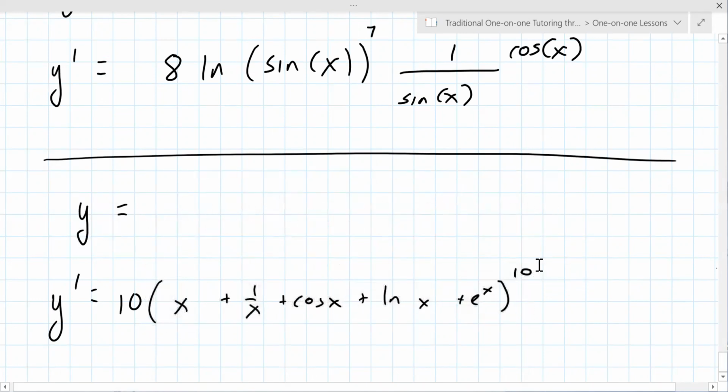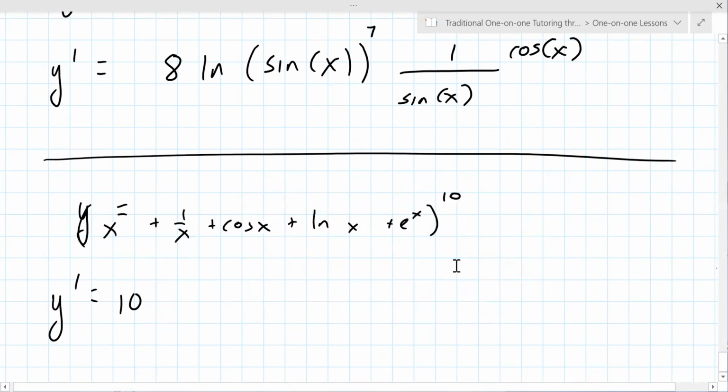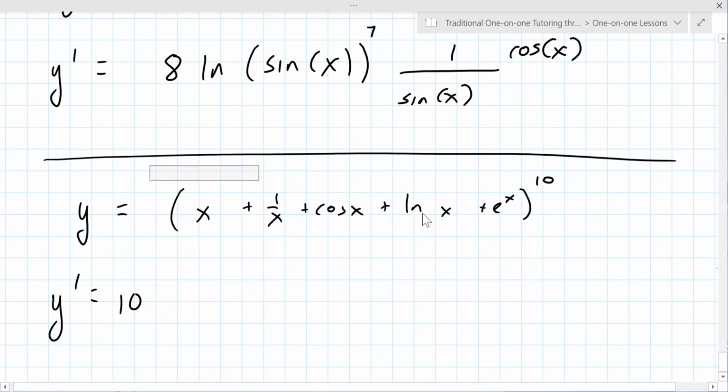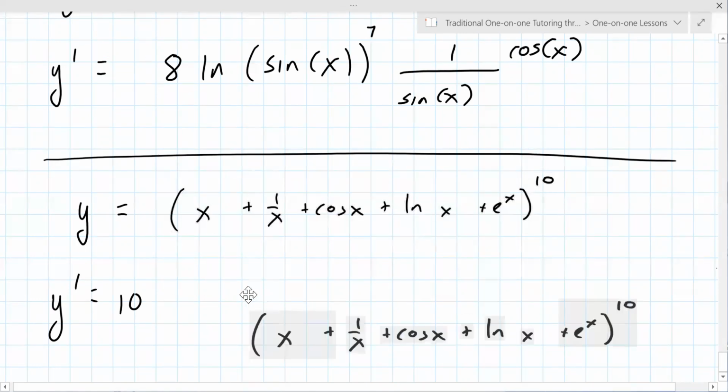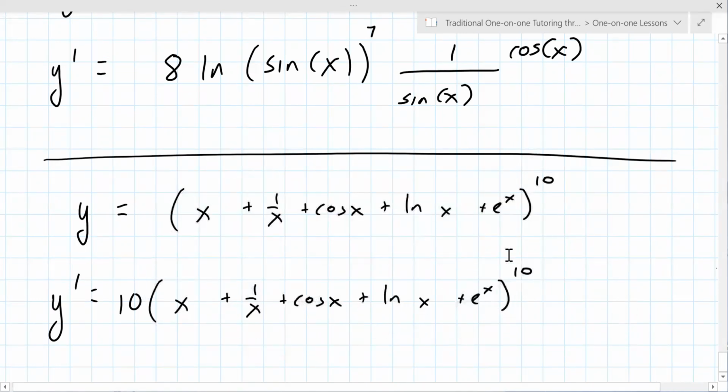But instead of the 10, it's 9. Now you're multiplying by the derivative of each of these, and it all goes in parentheses. So you have to find the derivative of each one of these.